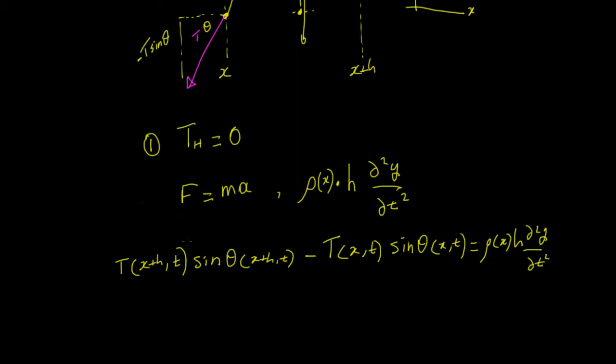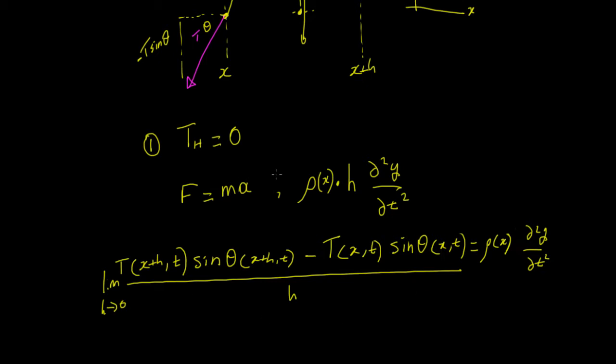Now what we can do is we can take the h down, so rather than writing the whole thing out, I'll just rub that h out. So take the h out and we'll just take it down here. So we'll take the h down there. Now what we can do is take the limit as h tends to 0.